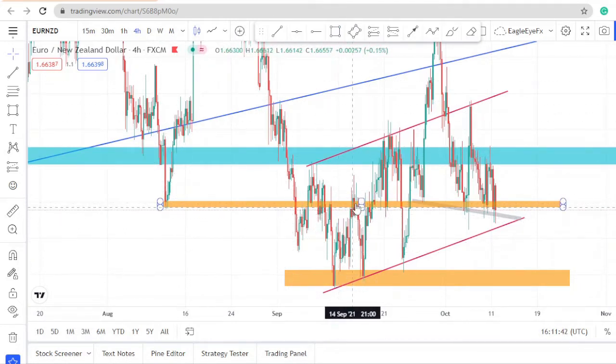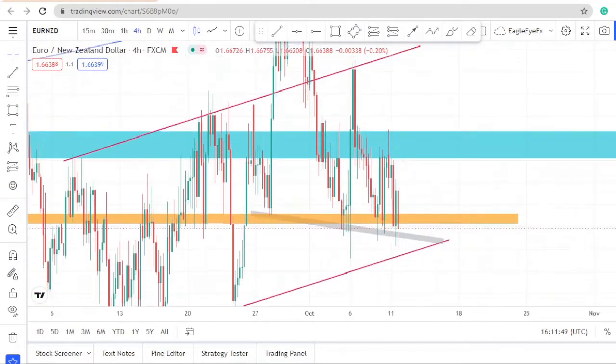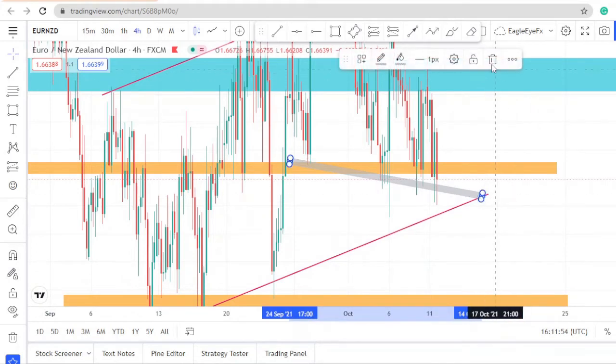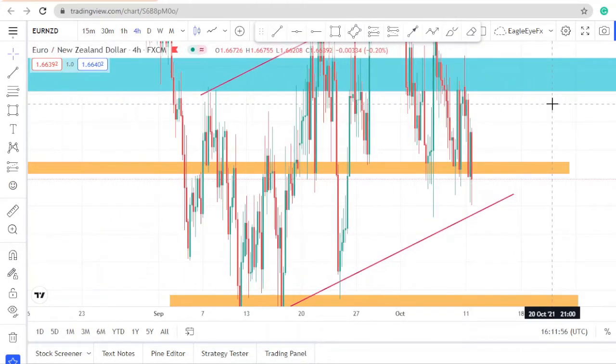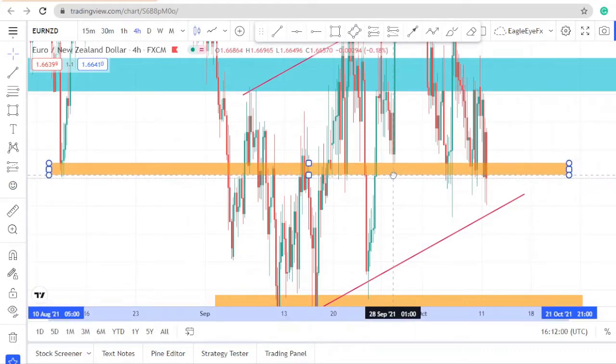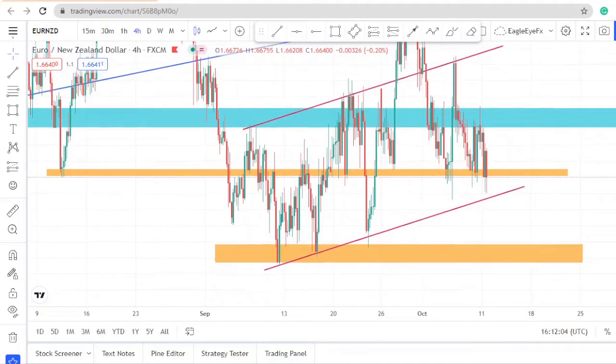Then you can see also this place has acted as a resistance before, then has acted as a support. Okay, let me remove this so that we don't have so many things that can easily confuse us. Yeah, so you can see that the charts are now becoming a bit more clear.